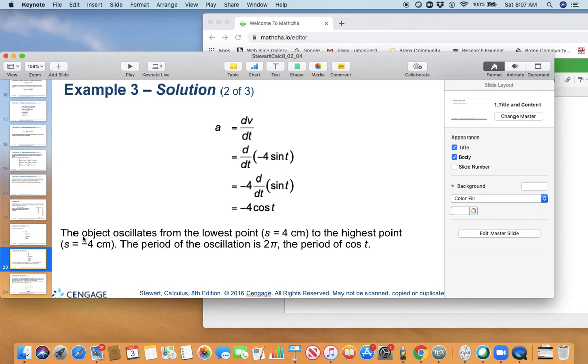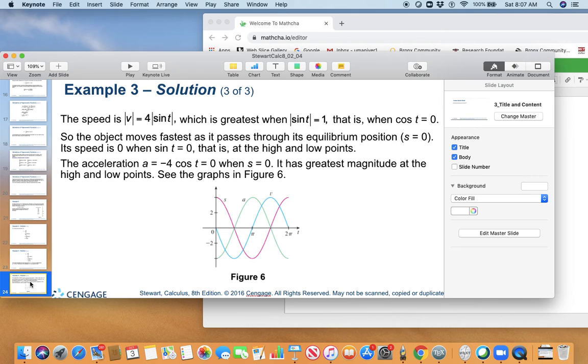So how do we analyze this? The object oscillates between s equals 4 and its highest point, s equals negative 4. Okay, so that's the oscillation. The period of oscillation is 2 pi, which is the period for cosine t. Okay, velocity is negative 4 sine t.